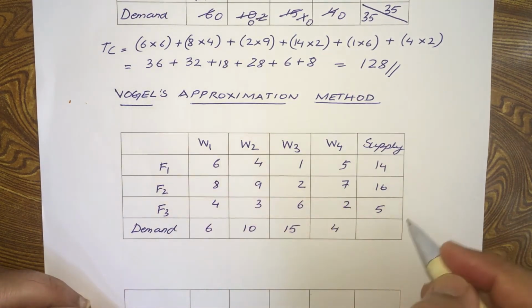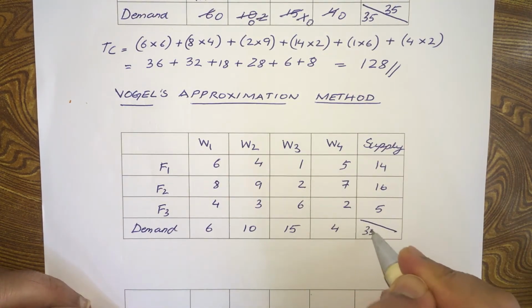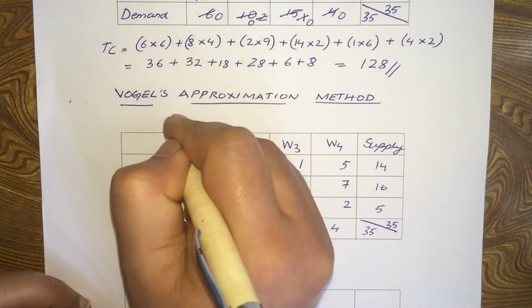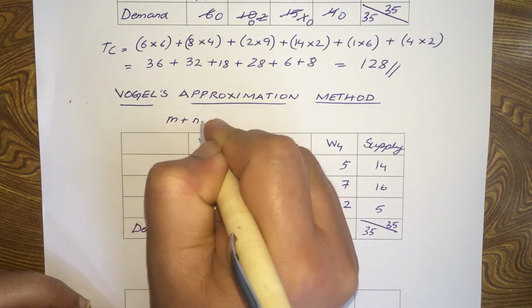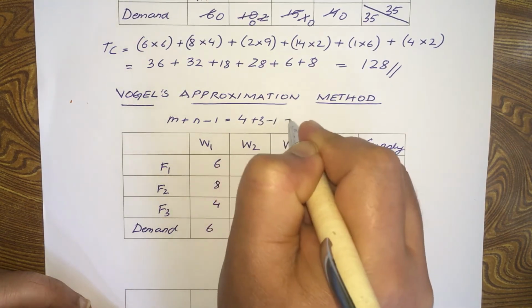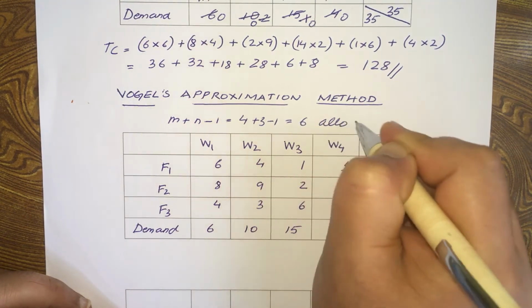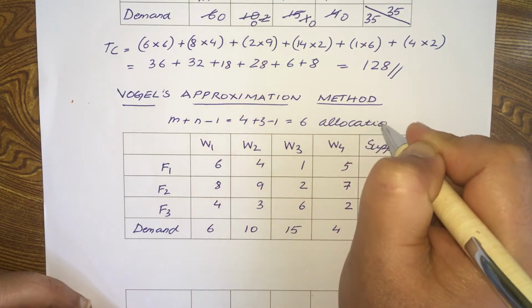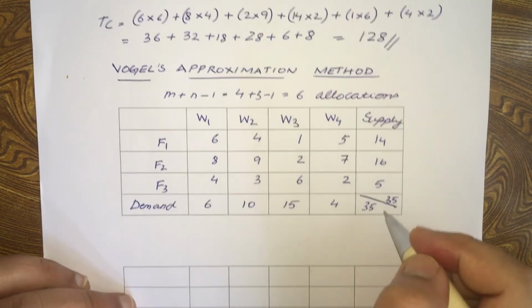Now you already know that this problem is balanced. Find out the number of allocations. So 6 allocations. So find out the penalties now.